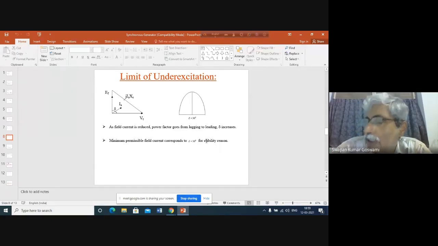Any other source? Do you know any other source? This source is always present in the power system. Do you know this source?